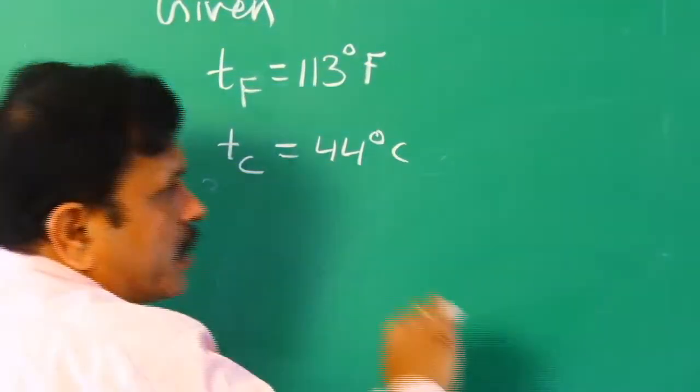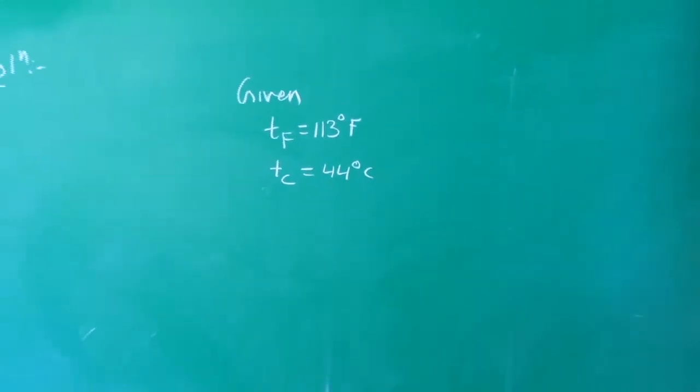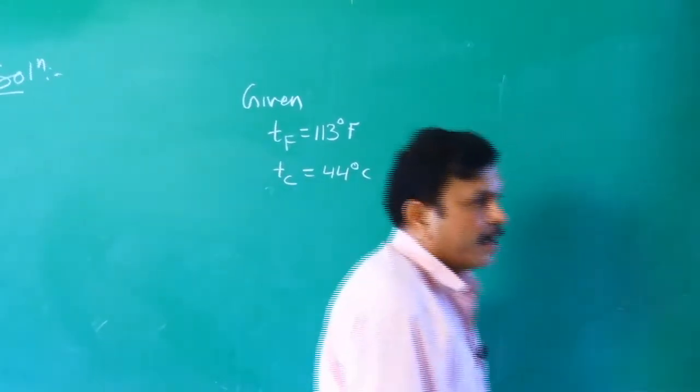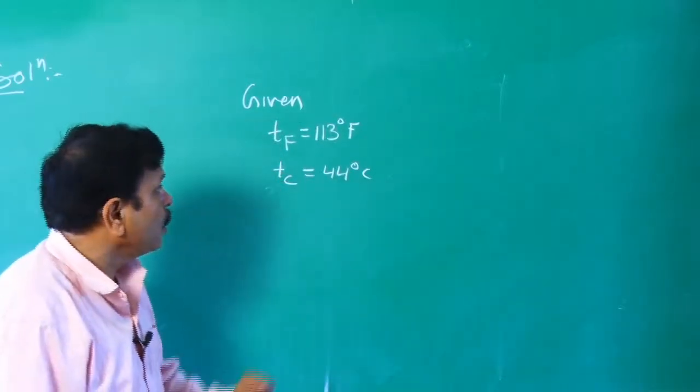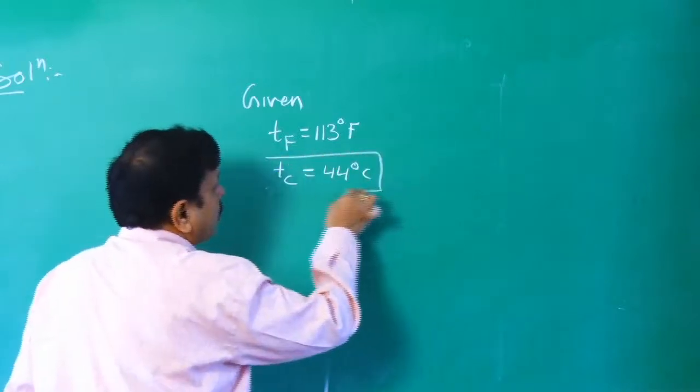The correction to be applied to the Celsius thermometer is asked. What is the meaning of that? Actually, this reading is wrong. It is a faulty thermometer.